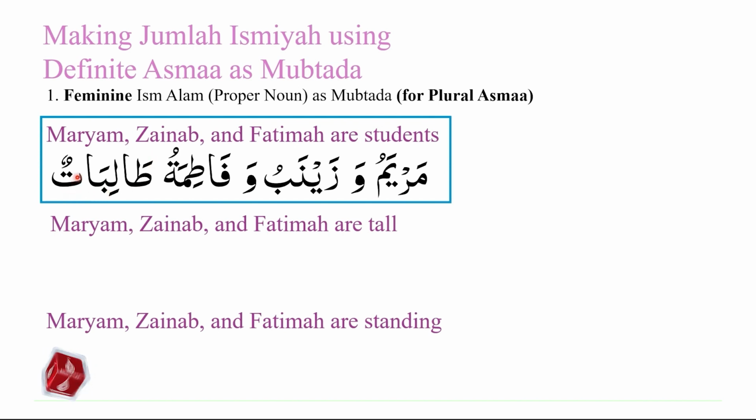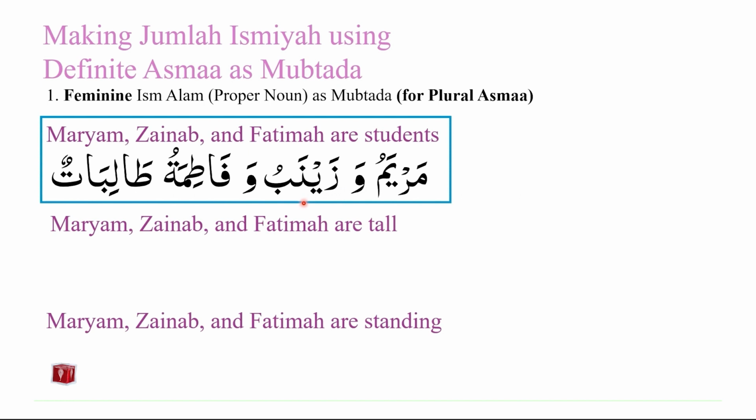Over here, although we have double pesh at the end of the ism, our focus will be on the ending sound of atun. We studied that for feminine non-broken plural asma, we will be focusing on the ending sound of atun or atin. Atun ending sound indicates Rafa status. Atin ending sound indicates nasab or jar status.